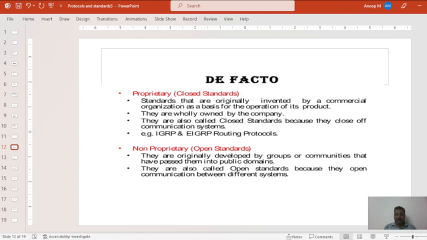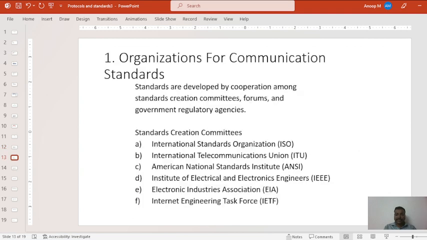Open standards are made by a group of community, a group of people or a public domain, who make standards for communication between different systems. That is known as non-proprietary, or we can say open standards.